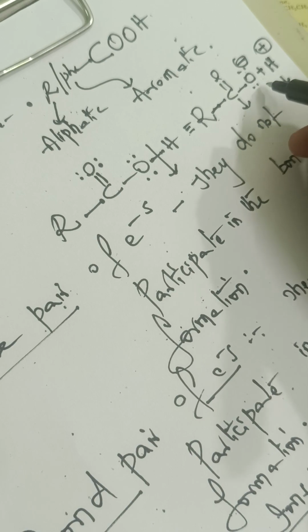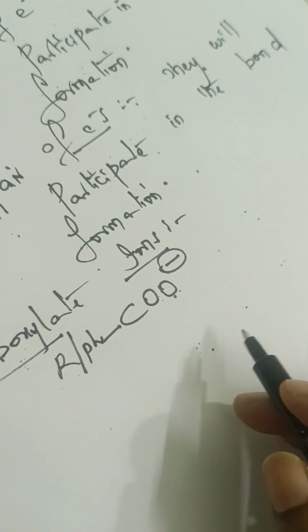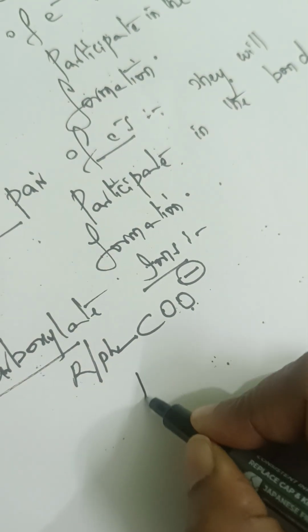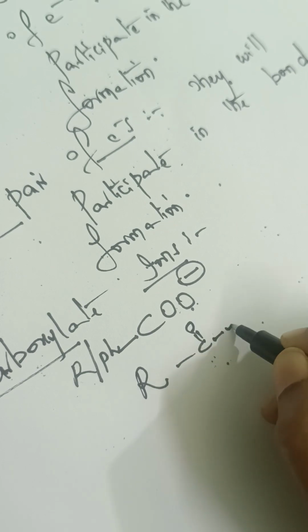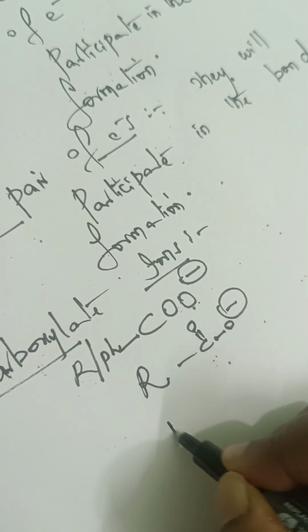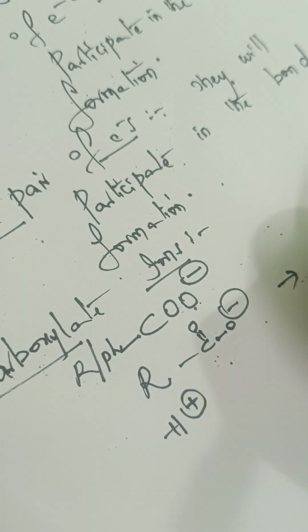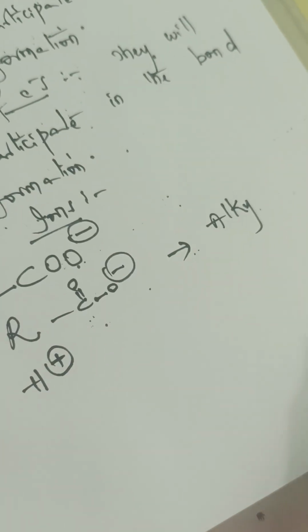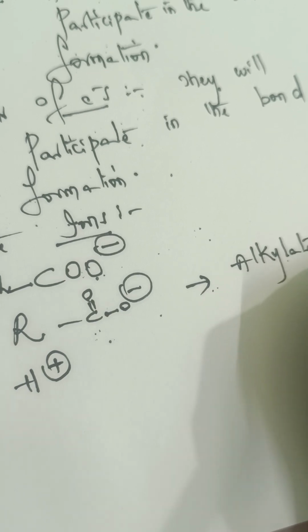So we get R, C, double bond O, O minus, and the H plus ion. The RCOO minus ion is called alkylate ion.